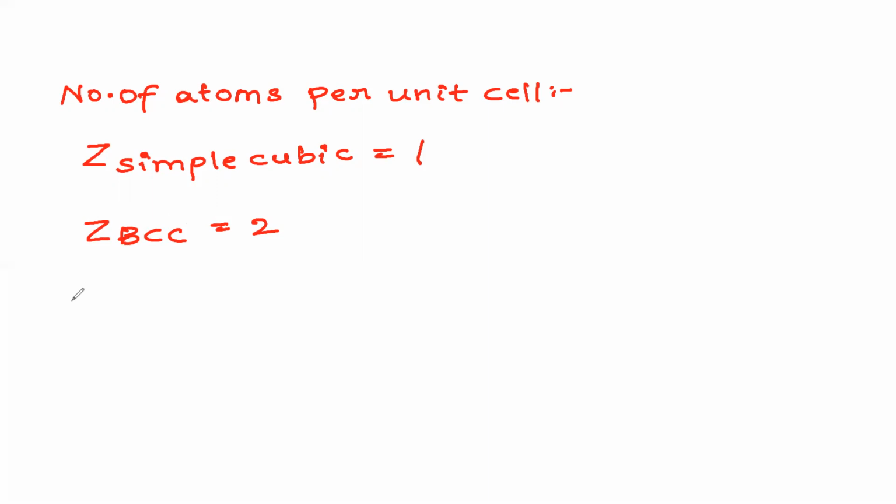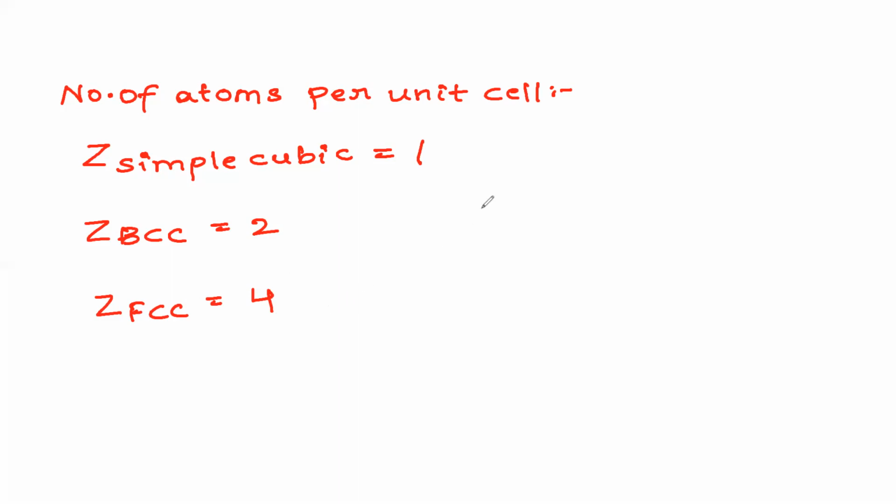This we have already discussed in the previous class. Next, Z of FCC, that is face-centered unit cell, is equal to 4. Because in a face-centered unit cell, the atoms occupy all the corners and also the faces, all the 6 faces of the cube. Hence Z is equal to 4 for an FCC crystal.